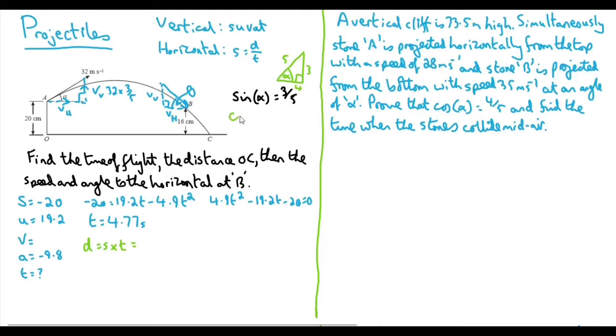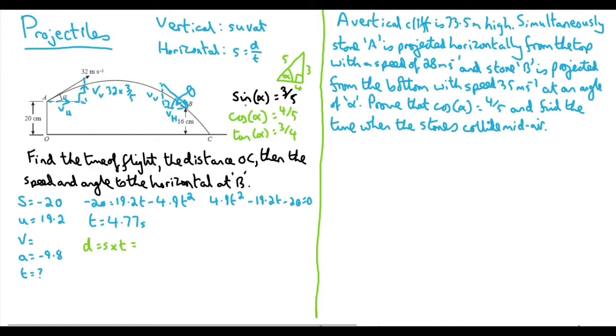Therefore, we can say that the cos of alpha equals 4/5. And if we'd wanted it, tan alpha equals 3/4. This idea of a 3-4-5 triangle is very popular on these kinds of questions.